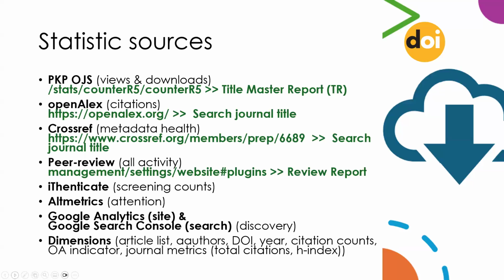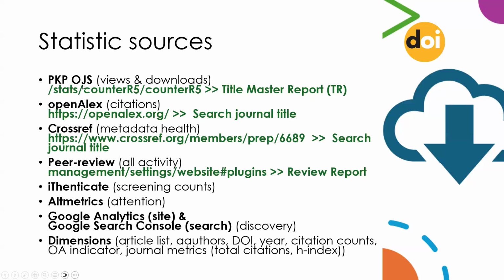I've listed and identified a few statistic sources from where we can extract statistics or data to demonstrate the impact of individual articles specifically. For views and downloads, I recommend that we stick with PKP OJS and the Title Master Report specifically. And that's something else I want to mention.